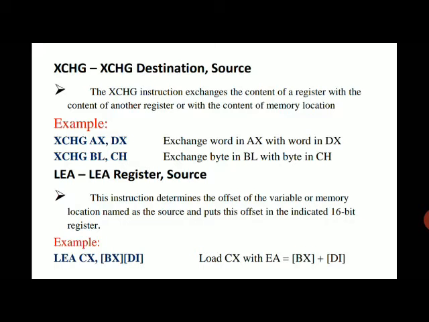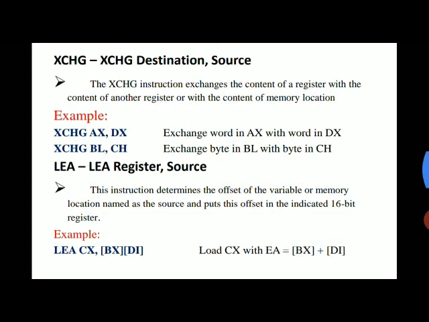See the example, LEA CX, [BX][DI]. What we have to do means we have to calculate the memory location by using the base register and the index register, and the offset is loaded into the CX register.